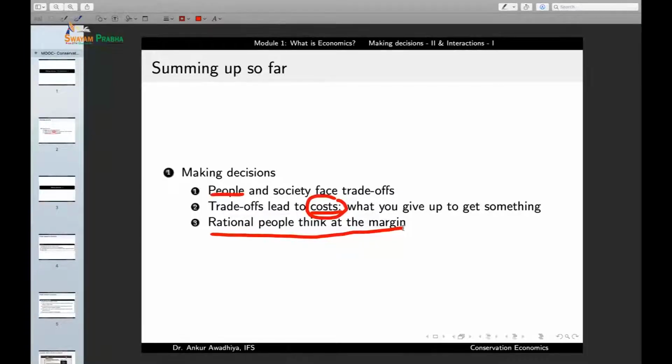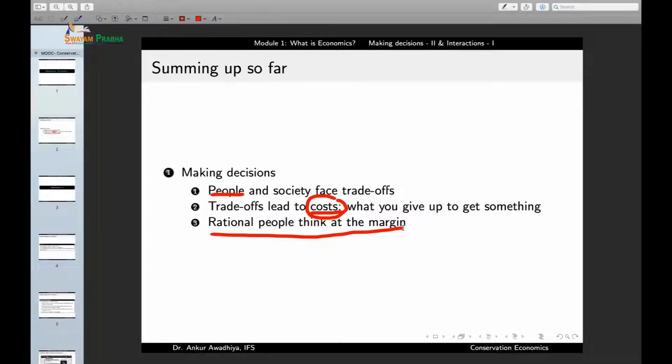So that is a rational person. Economics considers that people are not taking a decision just out of nothing. Whenever people make any decision, they think about it rationally.